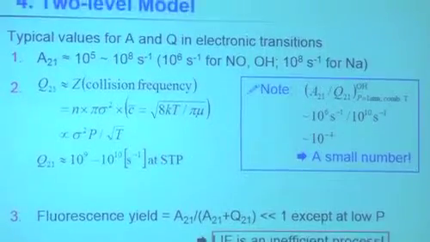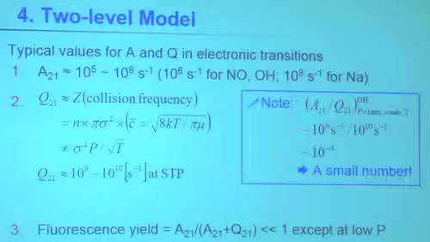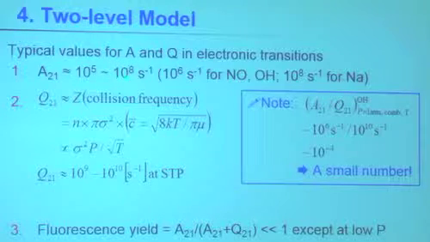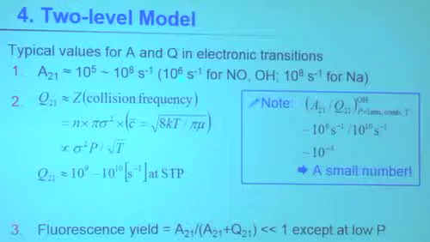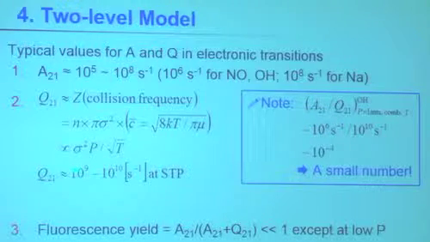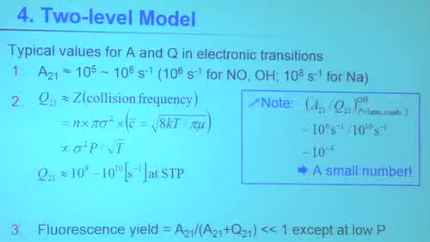So A over Q, what do we get? If we take one of these A's, let's say 10 to the 6th, and take Q of 10 to the 9th, I get 10 to the minus 3. It's pretty obvious I'm not saturating.